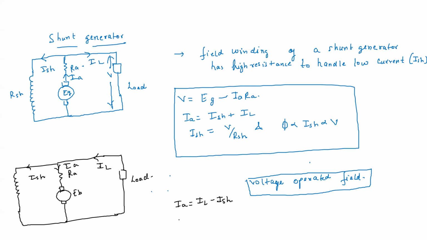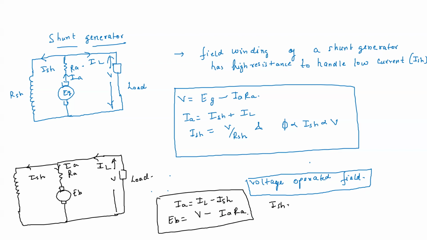Here we have voltage V. What about EB? EB is V minus IA RA. These are the equations. And here also ISH is equal to V by RSH.